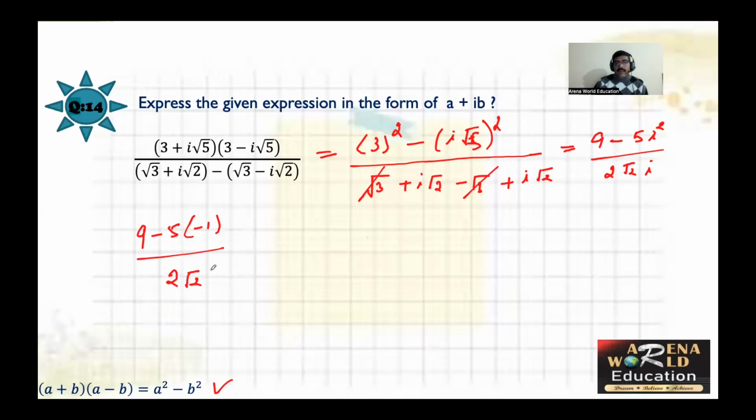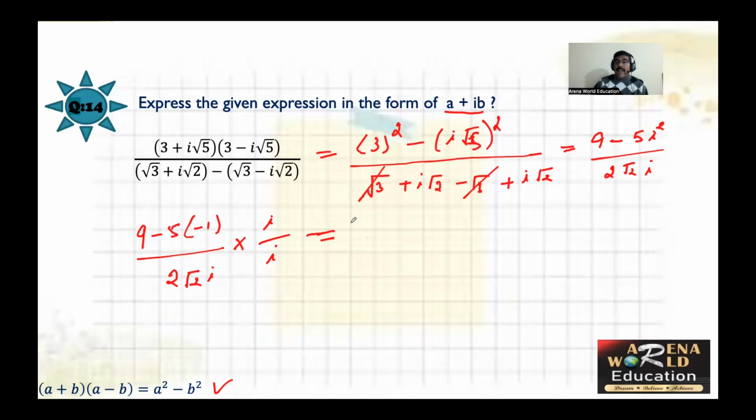So you can see in denominator we are having iota. We are multiplying this with iota and dividing by iota to remove this iota, because we want to write it in the form of a plus iota b. So now you can see minus 5 into minus 1.